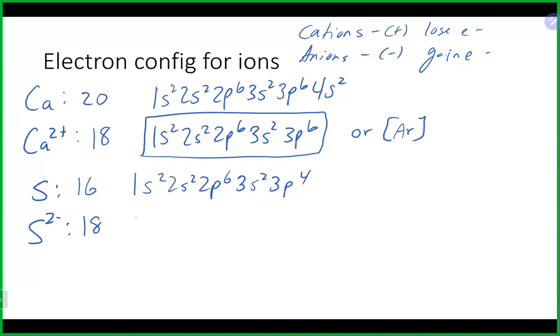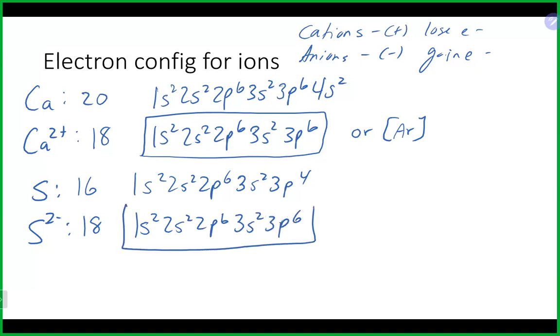And again, that's what the charge means. 2 is how many electrons, and minus means it gained. It will end up with a configuration of 1s2, 2s2, 2p6, 3s2, 3p6. And what we see here again is 18, which is argon's configuration.